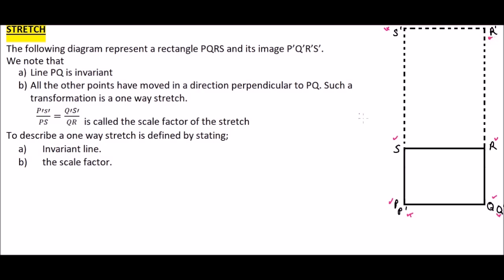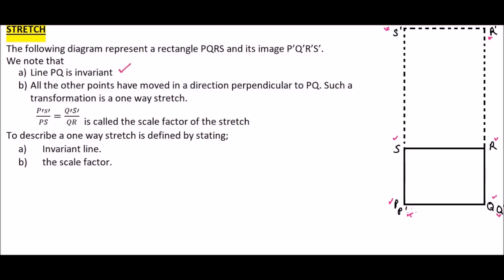So this kind of transformation is called a stretch. It is like you have held the edge SR and stretched it up. So in a stretch, we normally have two ways to describe it. One of them is the invariant line.